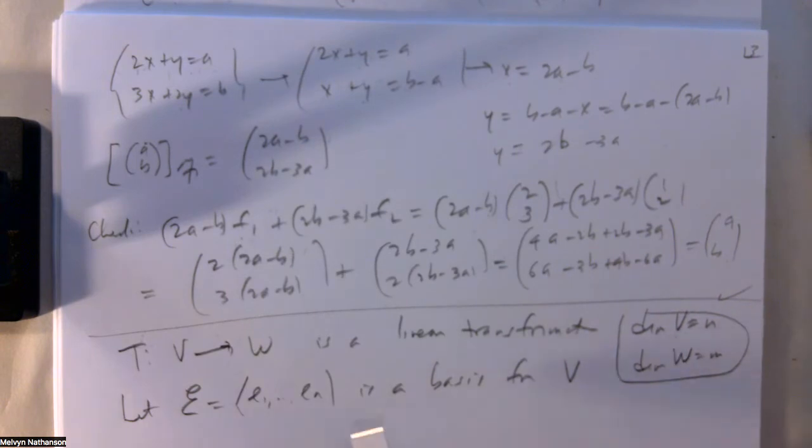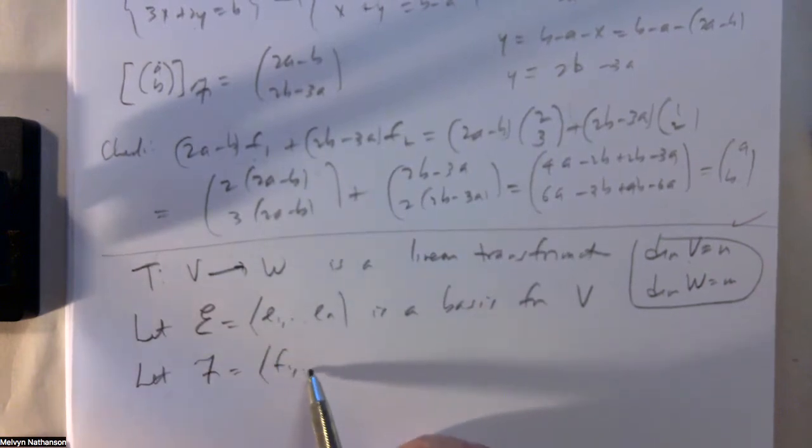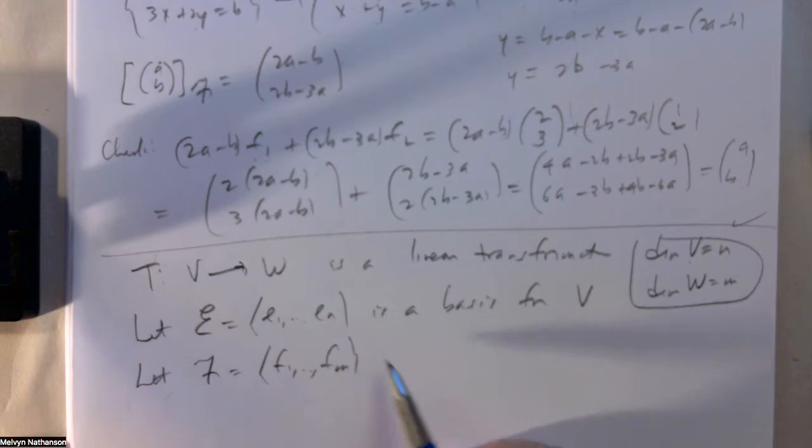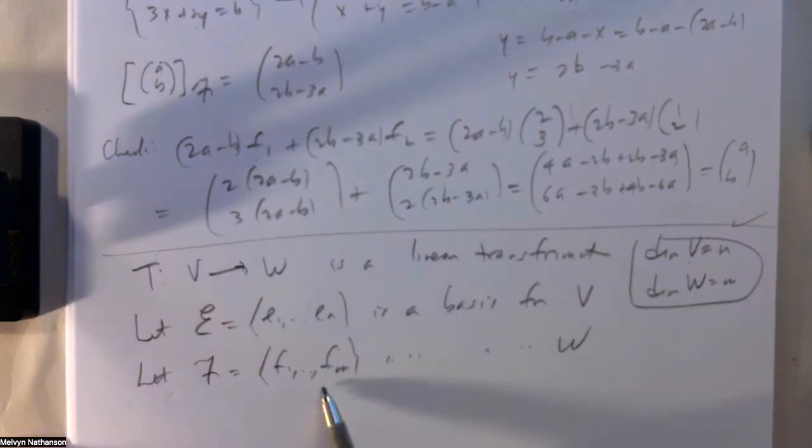So a basis for V will have n elements, and this is a basis F for W, this will have m elements.